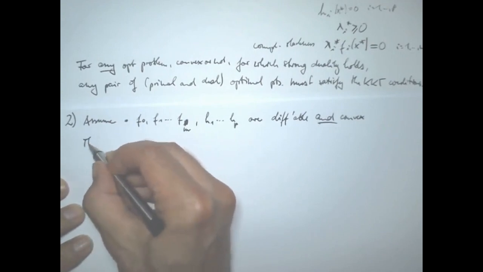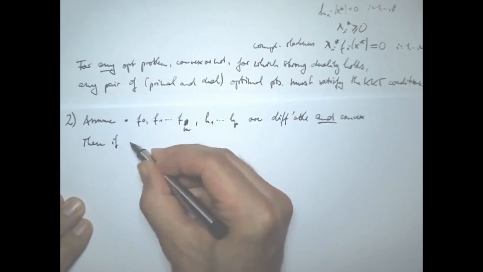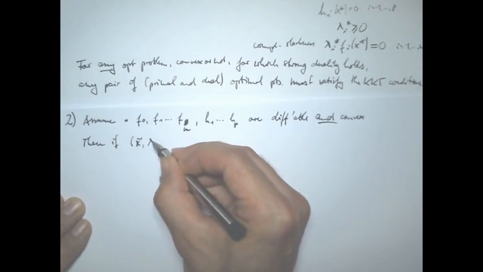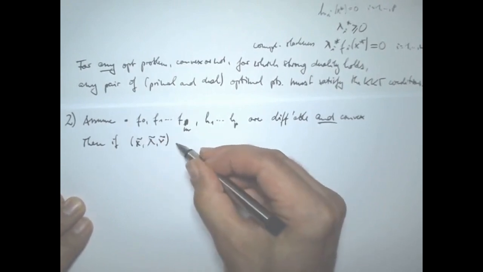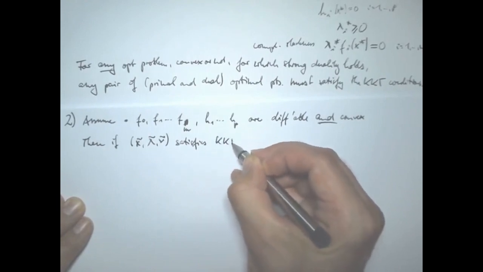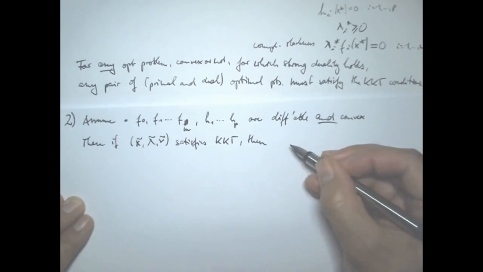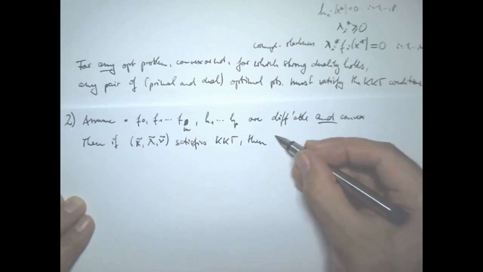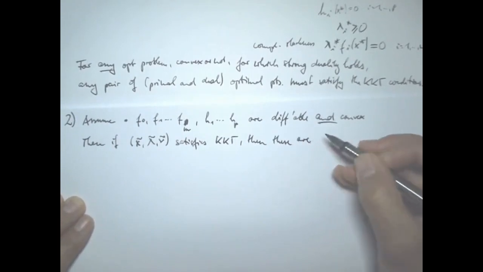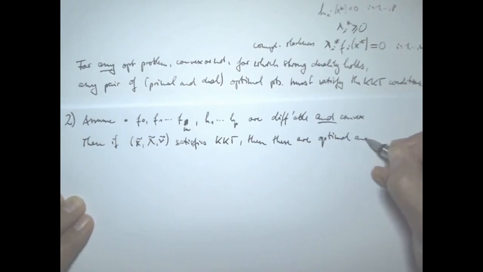Then we can easily show that if such a tuple x tilde, lambda tilde, nu tilde satisfies the Karush-Kuhn-Tucker conditions, then they are primal and dual optimal, and strong duality holds.